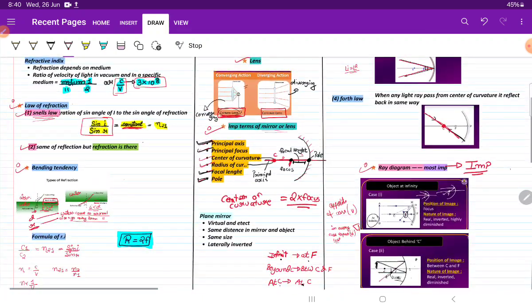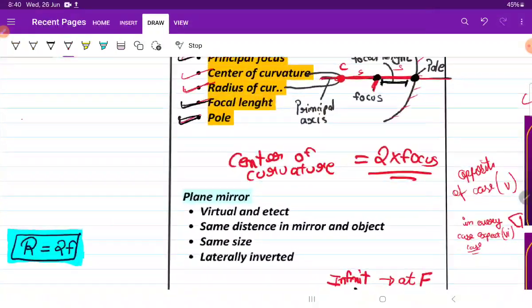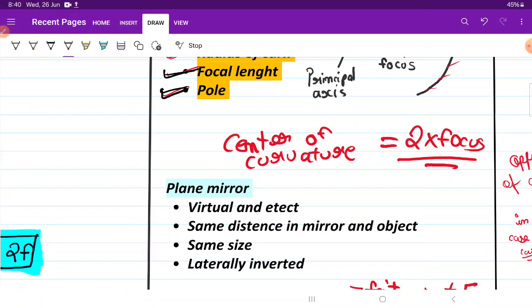Now let's start with some important terms of the plane mirror. The plane mirror forms an image that is virtual, erect, at the same distance in the mirror as the object, the same size, and laterally inverted. For example, if you are standing 10 meters away from the mirror, then the image will also be 10 meters far from the mirror.